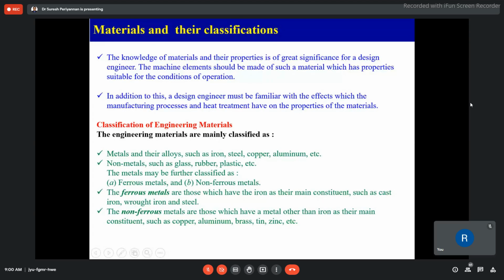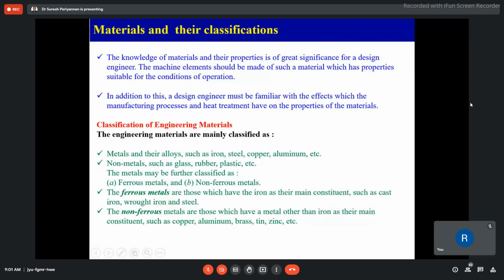Grades like that we define based on the chemical composition. We are also using a lot of copper for our applications, especially electrical people, who use a lot of copper in the windings. And we are using aluminum alloys, especially in automobile vehicles, for the outer body. Even our two-wheeler engine body is aluminum alloy.